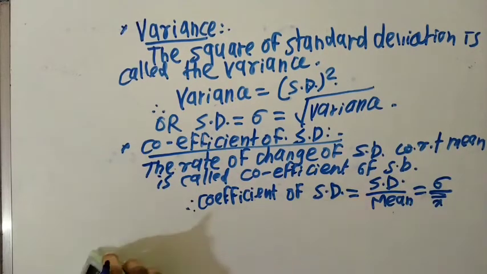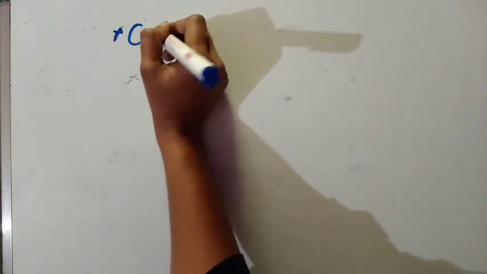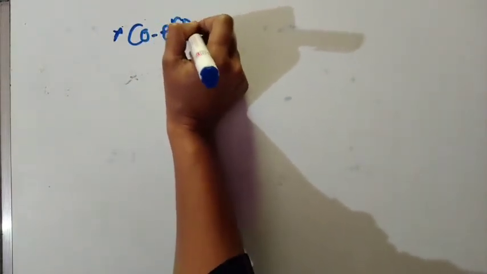Then the next formula is the coefficient of variance.